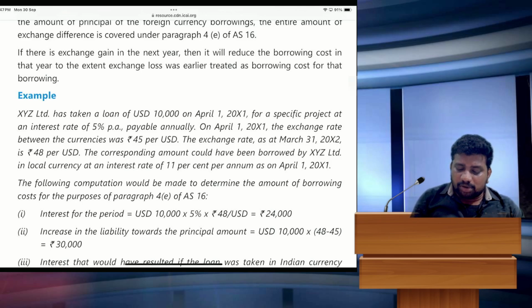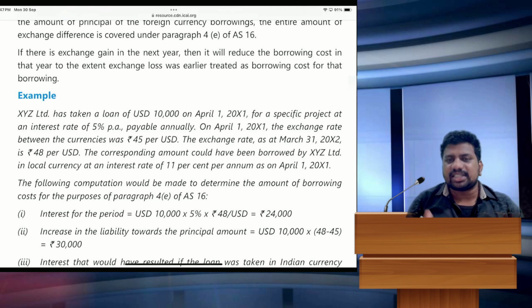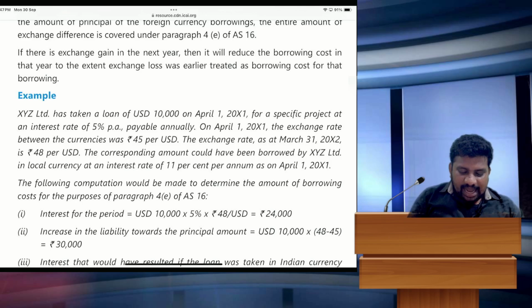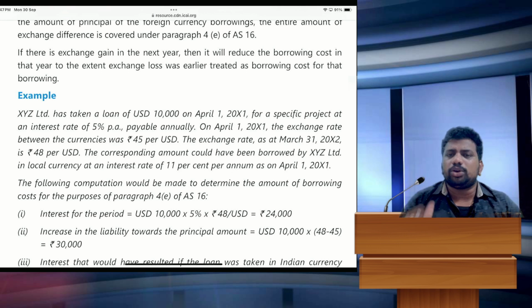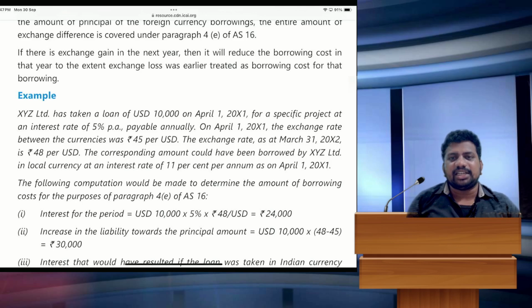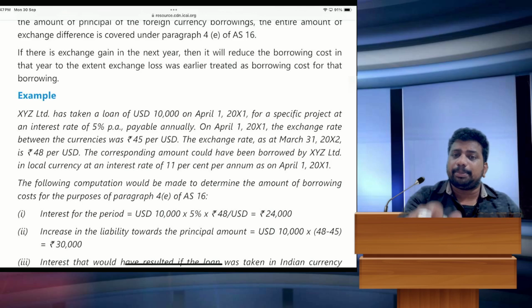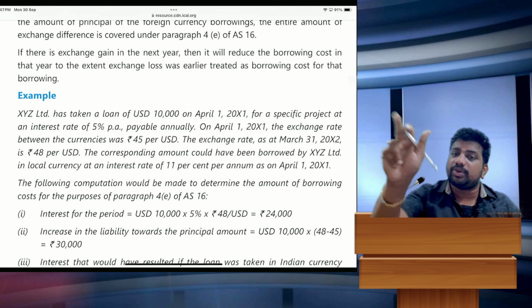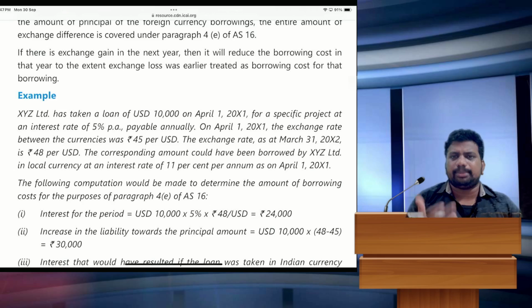The corresponding amount could have been borrowed by XYZ Limited in local currency, meaning Indian rupees, at an interest rate of 11% per annum as on April 1, 2021. So I have taken a loan of an amount equal to 10,000 US dollars. It is saying that you are getting the loan at 5% because you borrowed in US dollars, maybe from a US bank, Citibank, USA.